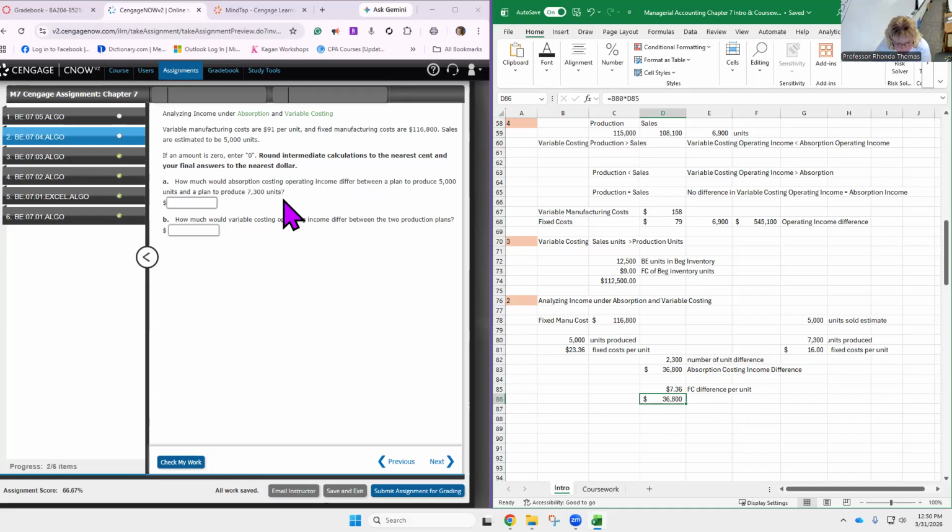So how much would absorption costing operating income differ between a plan to produce 5,000 units and a plan to produce 7,300 units? So we're looking at 36,800.